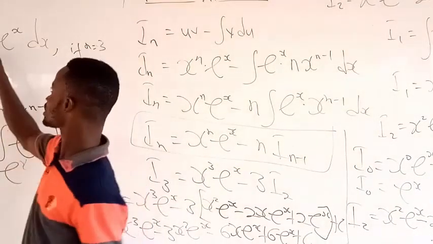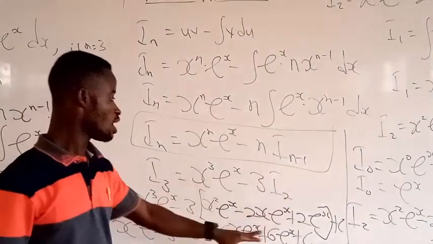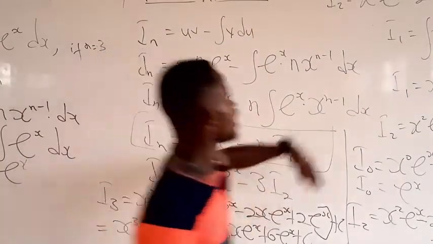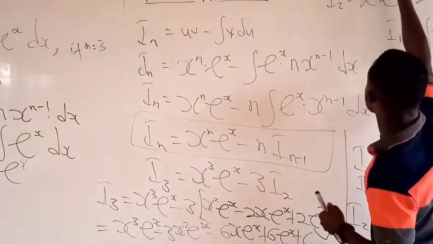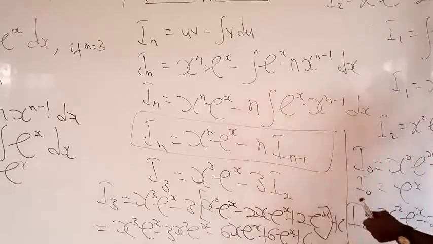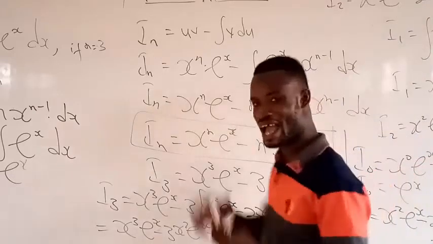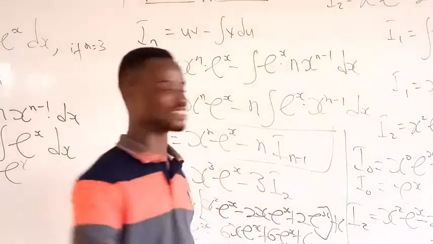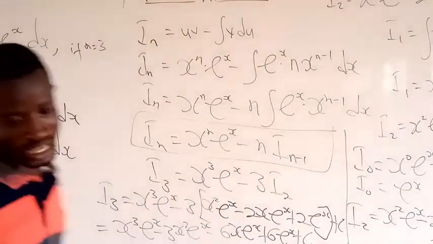If let's say this question is given to me, that means n is equal to 3. Then I'll do the substitution here. I come out with I2. I write my I2, that I know is the integral of x squared e raised to power x dx. Then I go and obtain that. I get I1. I go and obtain I1. I get I0. I go and obtain I0. I get this. So yes, that is that for that.